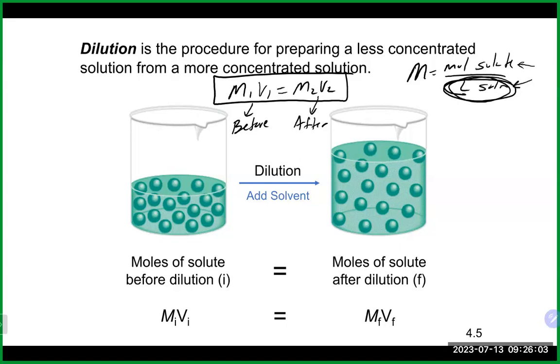This is one of the equations where it is okay to leave the volume in milliliters, and that is because unit-wise, if we did an M1 V1 equals M2 V2 situation and we wanted to solve for M2, it would be M1 V1 over V2.